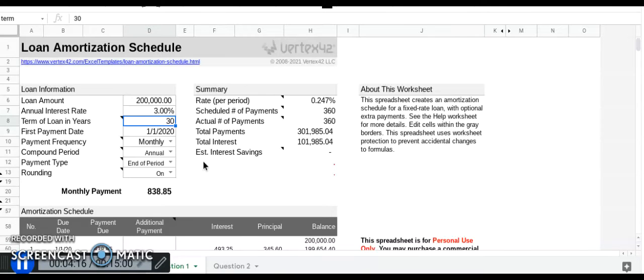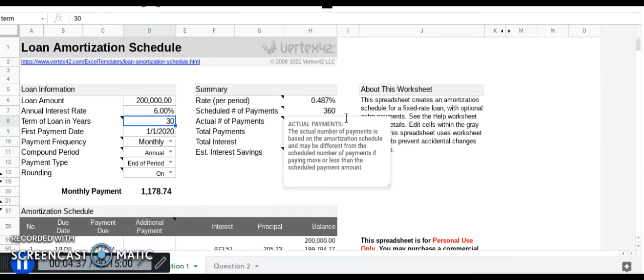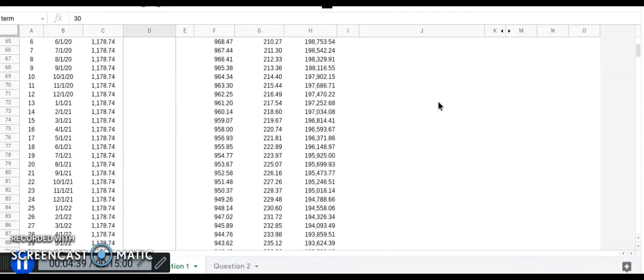Change that interest to 6%, leave everything else the same, and then it's going to work its magic a little bit. It'll take a second. There's a lot of numbers to change. And then once we notice that these numbers have changed, we can go ahead and scroll down.